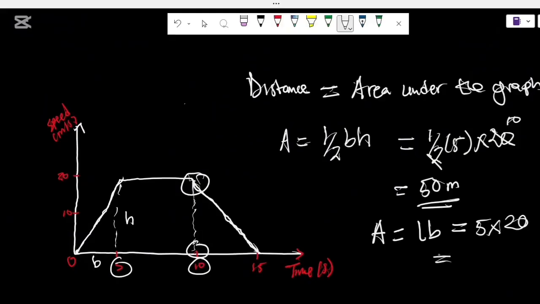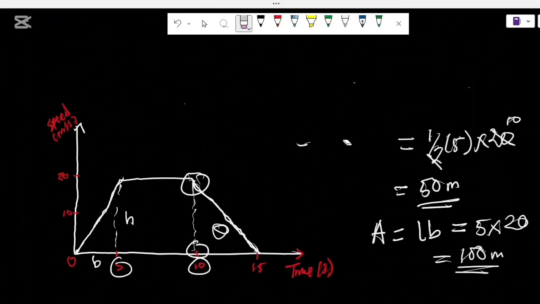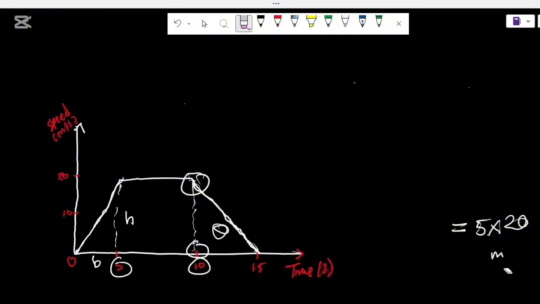So this is going to be 100 meters. This is the distance traveled by an object from second 5 to second 10. And you can do the same for the rest. If you are trying to find the total distance traveled, all you have to do is calculate the entire area of the figure given, and you're going to get the total distance traveled.